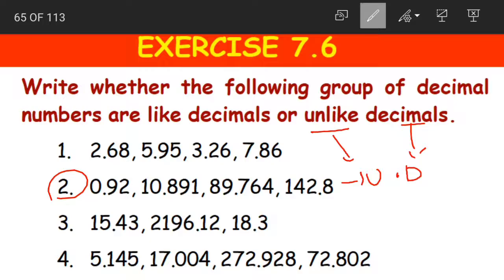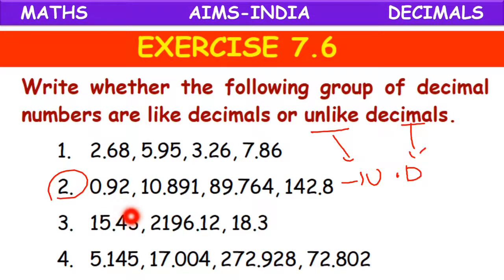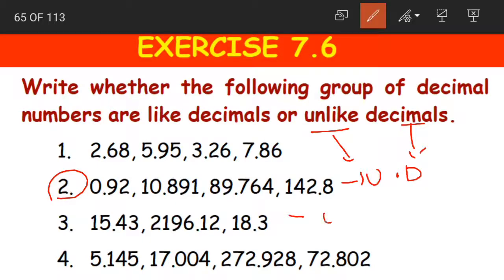Coming to question 3: 15.43, 2196.12 and 18.3. Again, can you tell me? Yes, these are unlike decimals because the number of decimal places is different. Here 2, 2 and 1.